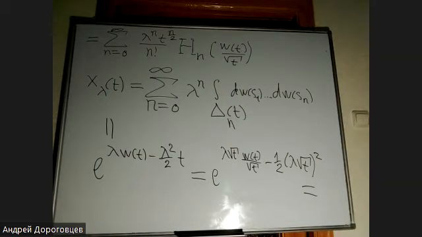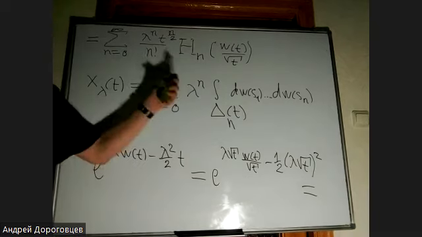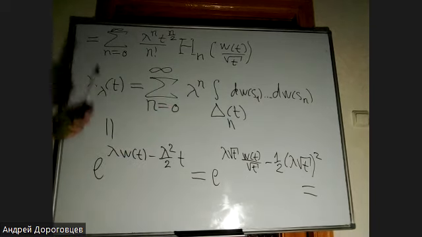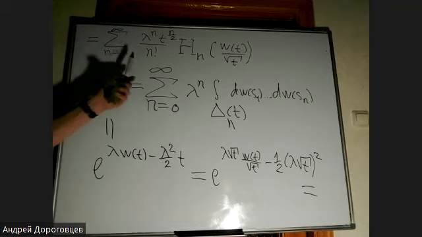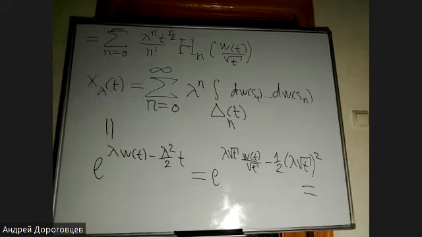But now let us compare these series, because they are series of the same function, of the same random variable. Since lambda is arbitrary, we must have the equality of the coefficients.